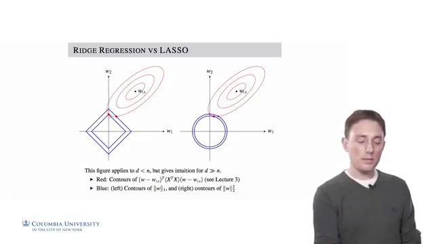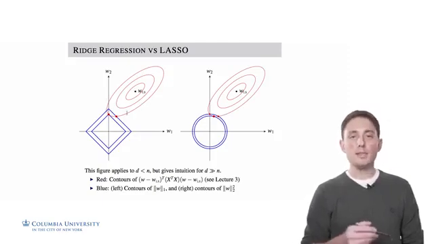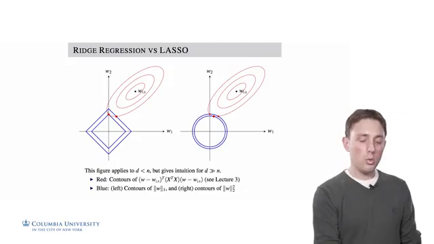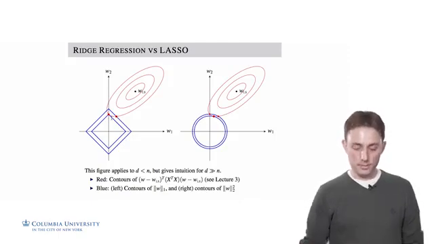So among all of these possible solutions along this curve, the one that pays the smallest penalty according to the L1 penalty is the one that has the minimum value according to this diamond.